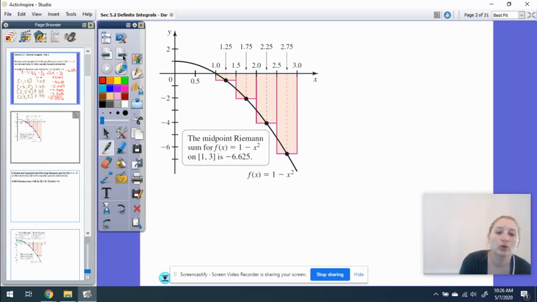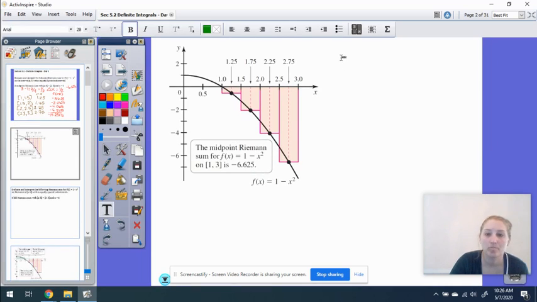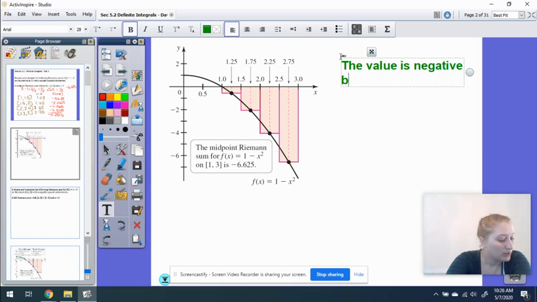Our midpoint Riemann sum using the function f of x equals 1 minus x squared gives us negative 6.625. So why is the value negative? The value is negative because we have negative numbers.